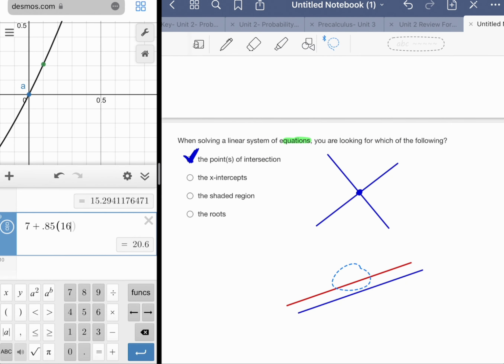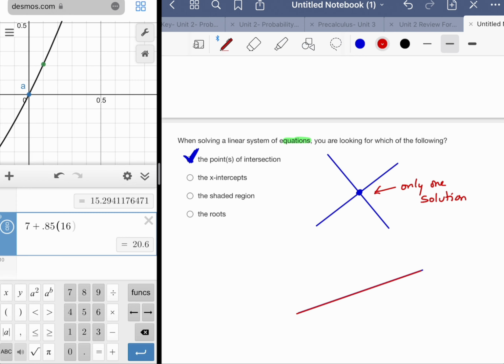If these two lines are completely overlapping, then you'd have infinitely many solutions. So only one solution. Infinitely many solutions.